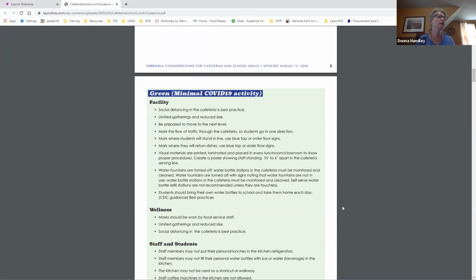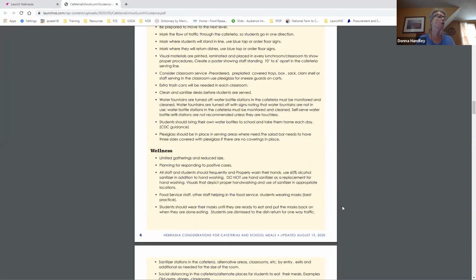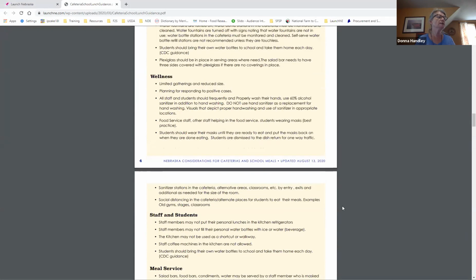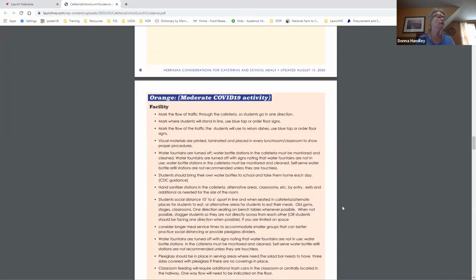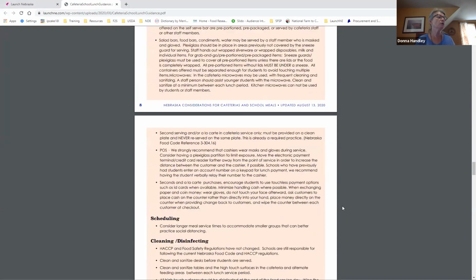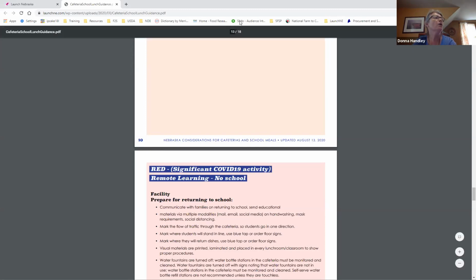Green is minimal COVID activity, and then we go into the yellow, which is minimal to moderate. There is orange, which is moderate, and then we have the red category, which is significant. So that gives you even more specific guidance to work through this period of time that we're in. So it's good news that it is up and going, and I'm going to stop my sharing right now.